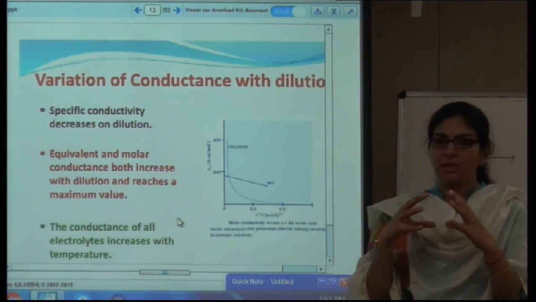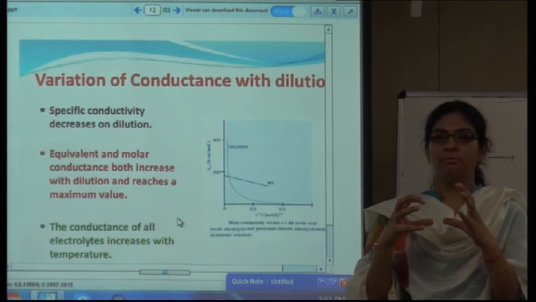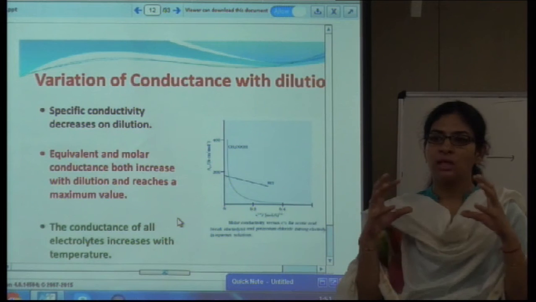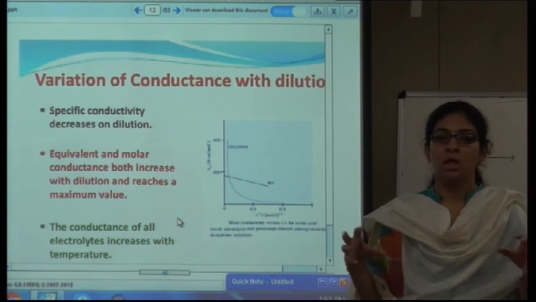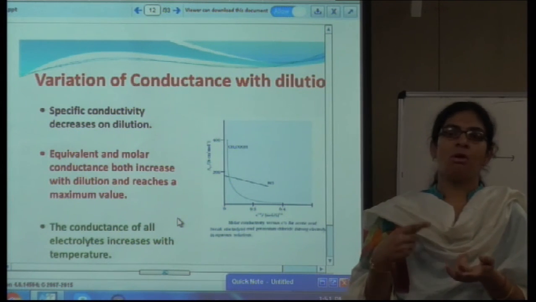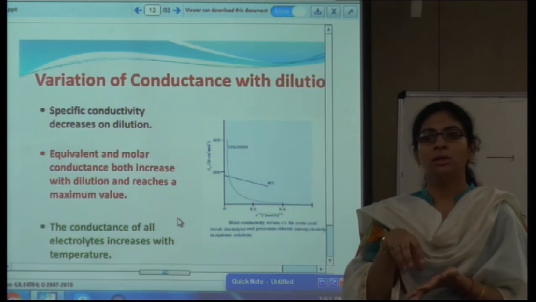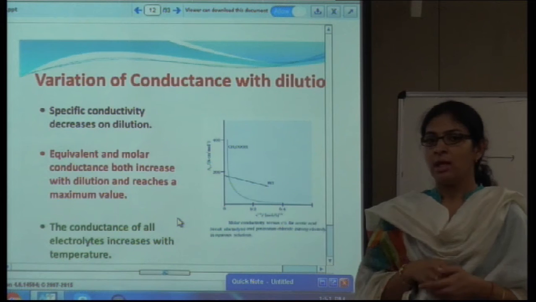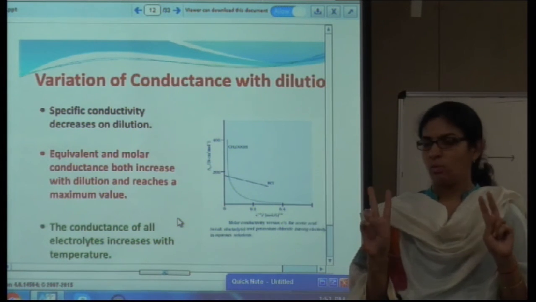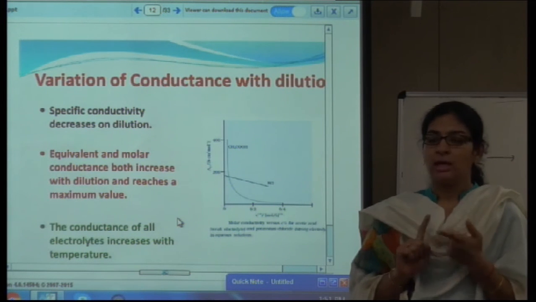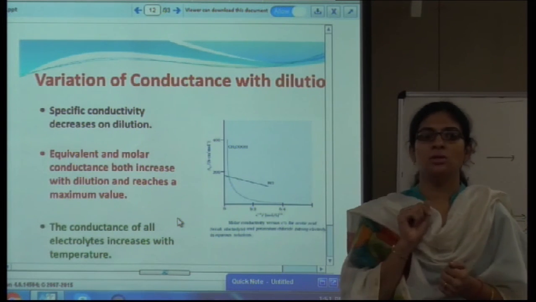So if instead you have the same number of ions in a larger volume, then those attractions become weak. So the increase in strong electrolytes is because of weakening of intermolecular attractions, right? So increase is there, for weak as well as strong, but the reason is different. The reason is different and the trend is also slightly different.